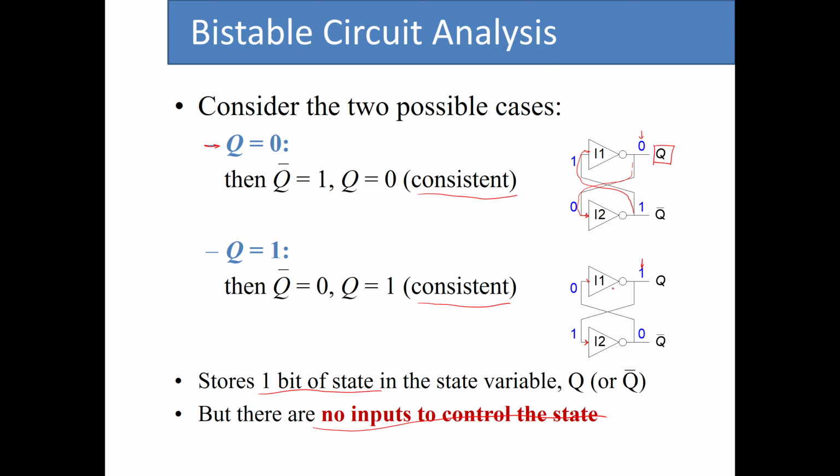But as I said before, the bistable circuit is the fundamental building block for making state elements. In the next video you will see how we modify the design of the bistable circuit to create a circuit that we can actually control using inputs.